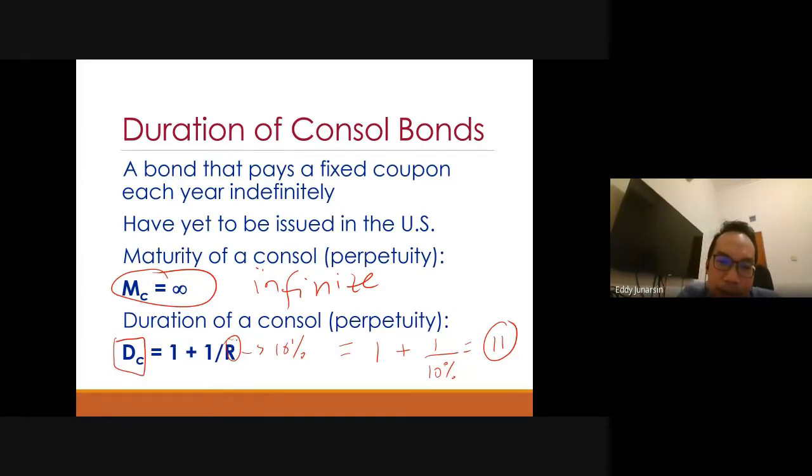If the market rate for this kind of bond with this kind of risk characteristics is about 10%, right? The market rate is 10% right now, then the duration is 11 years. Again, you still remember the characteristics of duration. The shorter the duration, the happier we are, because we could recoup our investment in a shorter period of time.